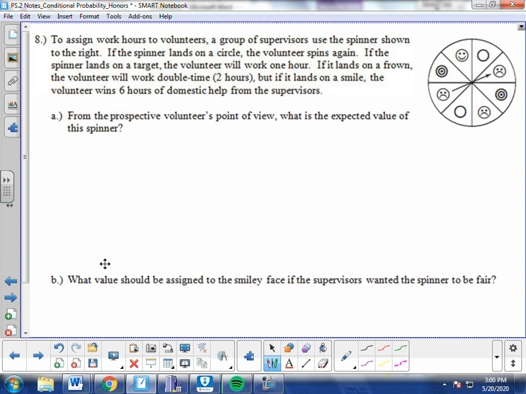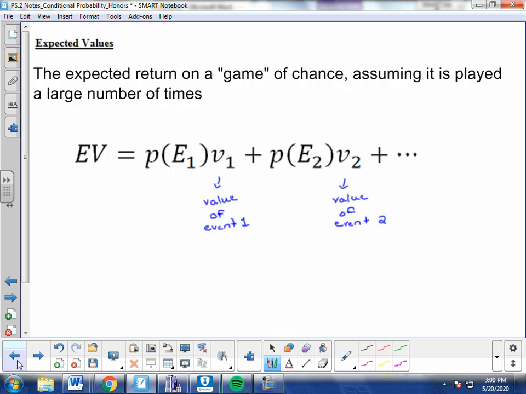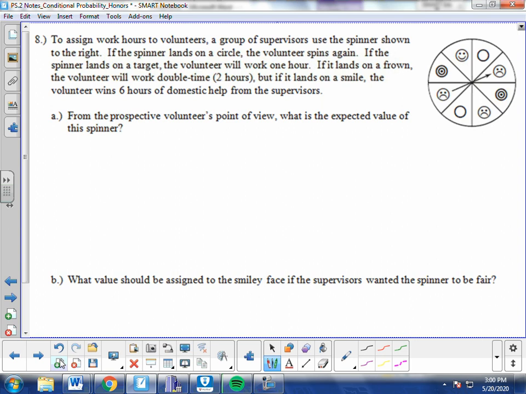On part A, it says, from the prospective volunteer's point of view, what is the expected value of the spinner? So we can use this equation. The expected value is equal to the probability of an event occurring times the value of that event, and then adding in every event.